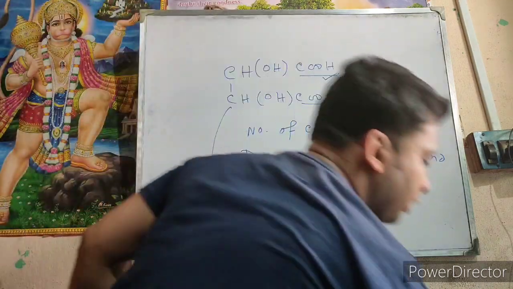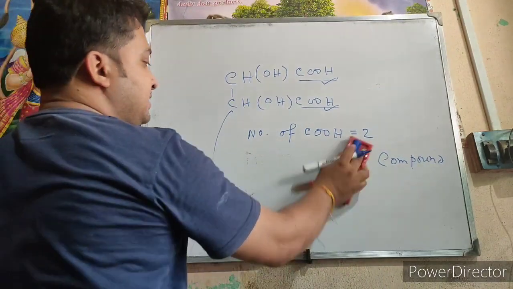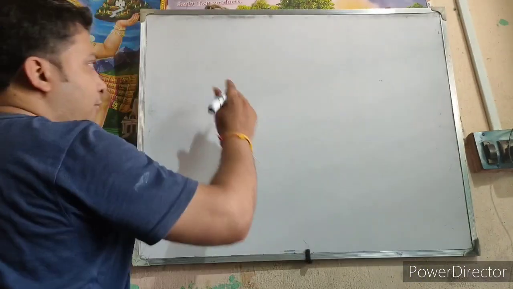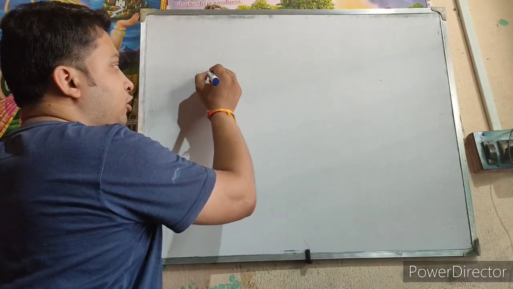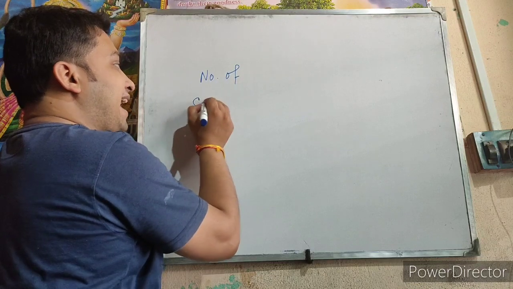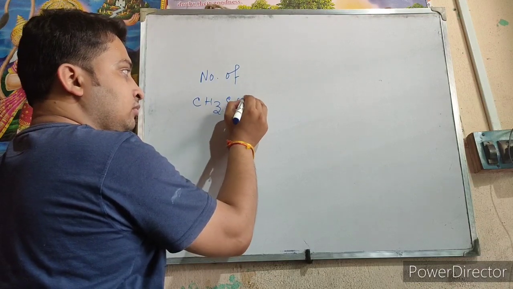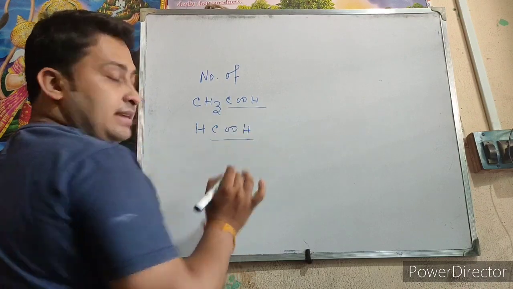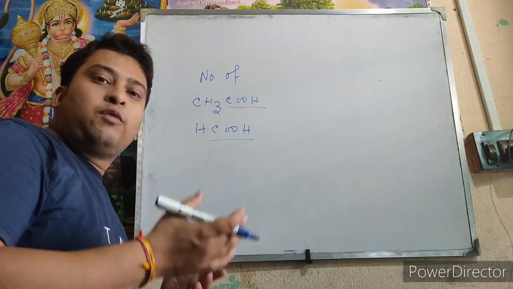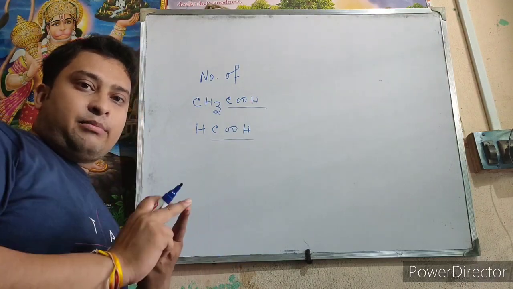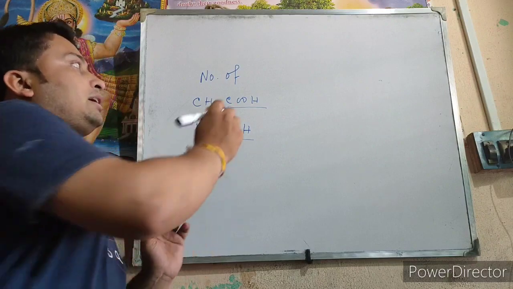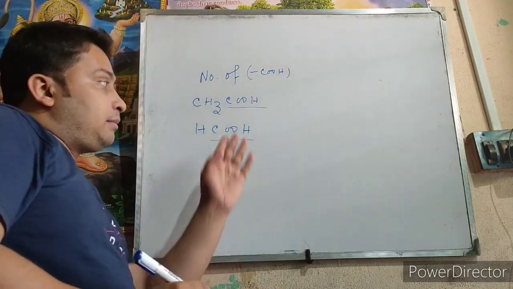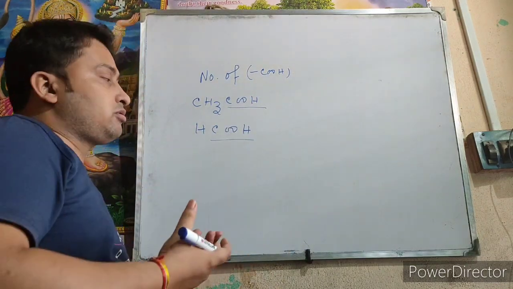So what is the basic idea that I want to give you? On acetic acid or formic acid, if the number of COOH equals 1, that is called monocarboxylic acid.